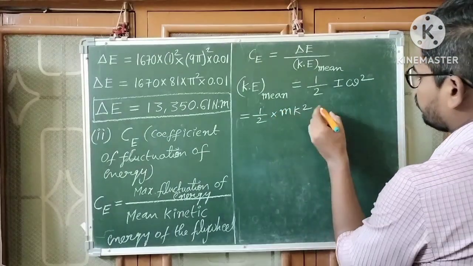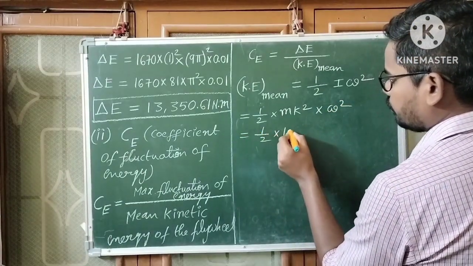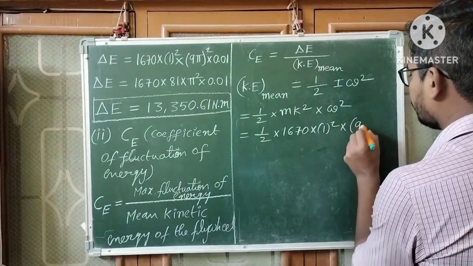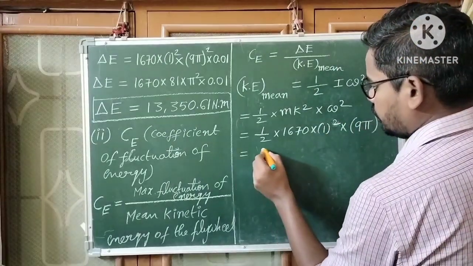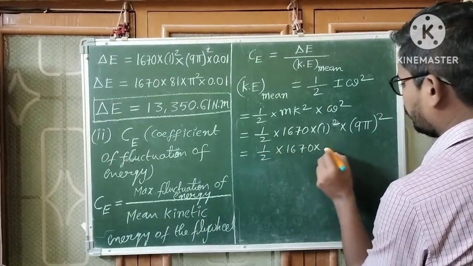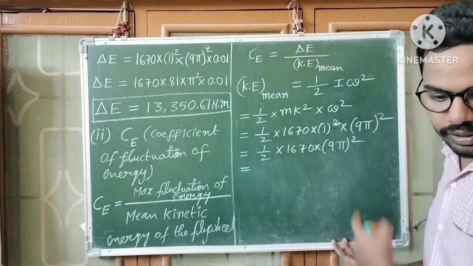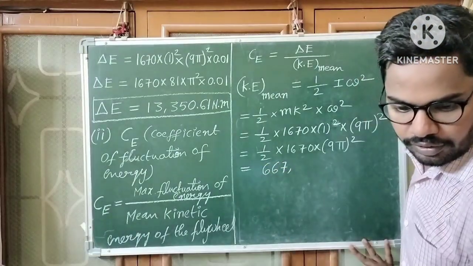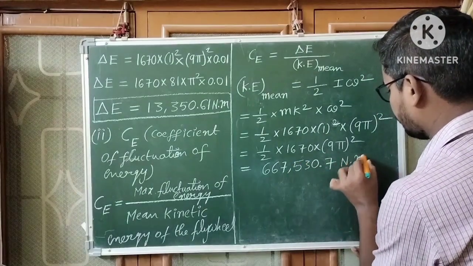So I is equal to m k square, into omega square: mass of flywheel 1670 kg into 1 square into omega square. Omega value how much? 9 pi radians per second. So 9 pi whole square. If you calculate, you will get this value around 667530.7 Newton meters.